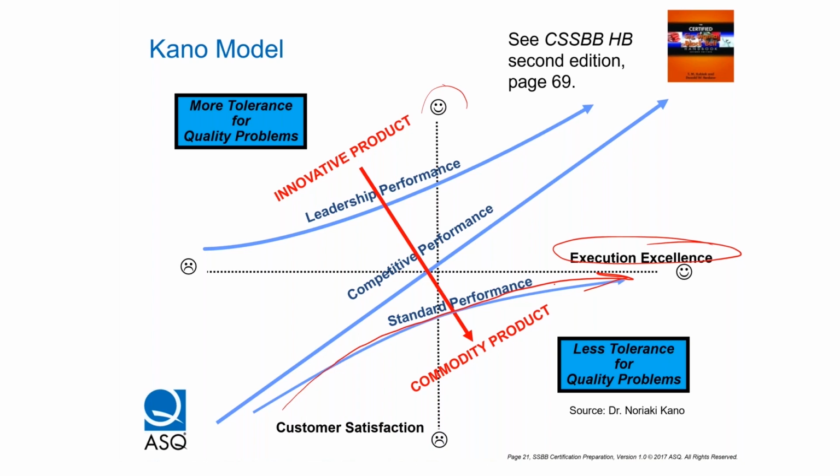These are things where the less you have, the more dissatisfied the customer gets, but the more you add, the customer doesn't get more satisfied. For the customer, it's there or not. If it's not there, the customer is not satisfied. If it's there, the customer is not going to get more satisfaction from any addition.